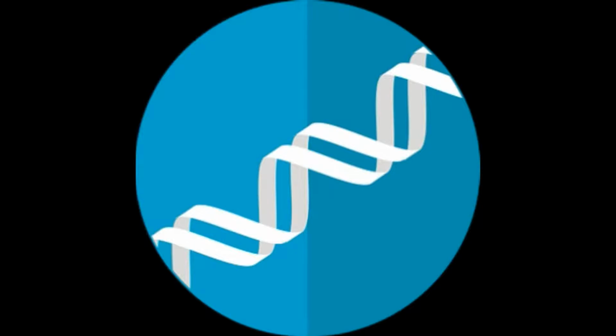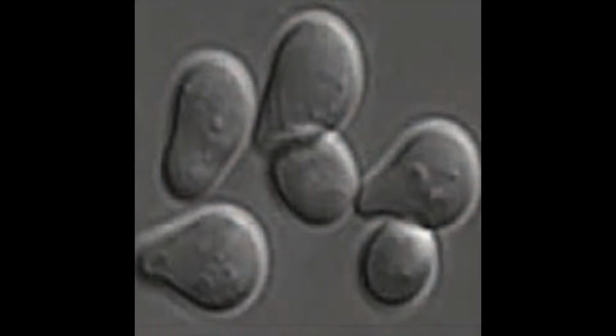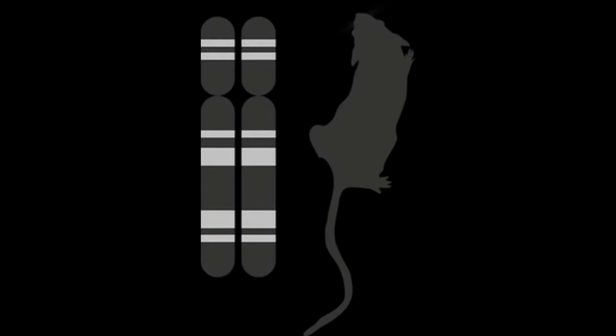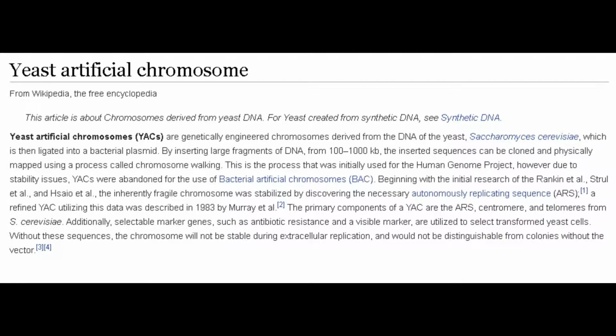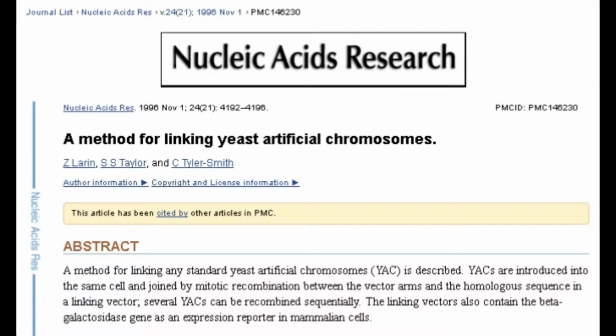At present, we are generating new transgenic animals with minor deletions of the HS or hypersensitive site. This is a good example of how a gene can be taken from yeast and put into an animal and still be expressed. A method for linking any standard yeast artificial chromosome is described by Laron and Company in 1996.